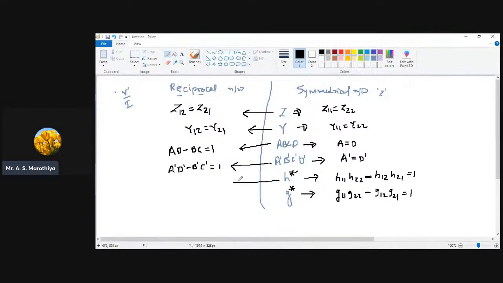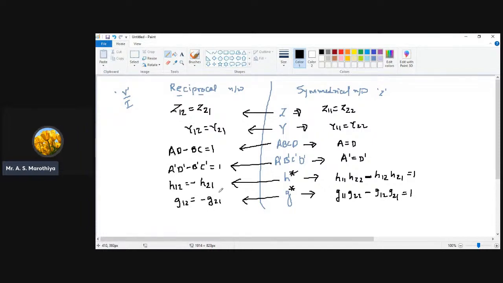Now for hybrid parameter, the condition for reciprocity is H12 equals minus H21. This is very important. And the condition for reciprocity in case of inverse H or G parameter is G12 equals minus G21.